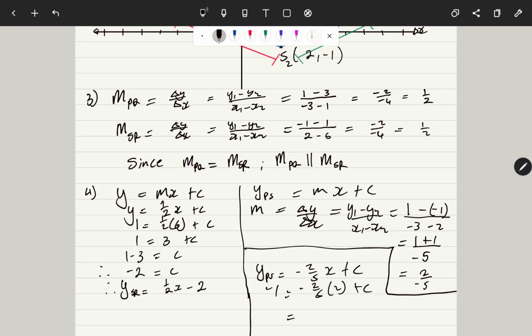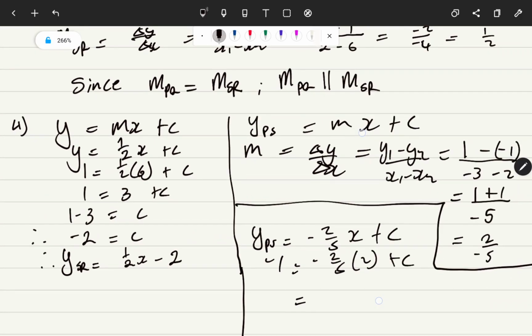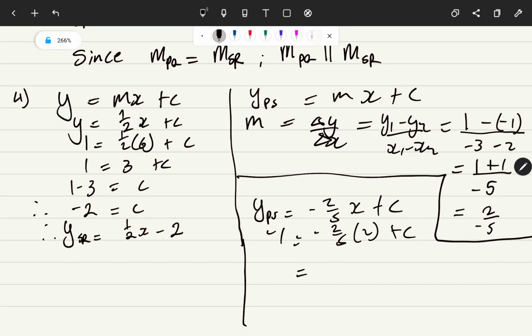I transpose the whole thing, getting a positive 4 over 5 minus 1, I can say I have minus 1 over 5, equals c.